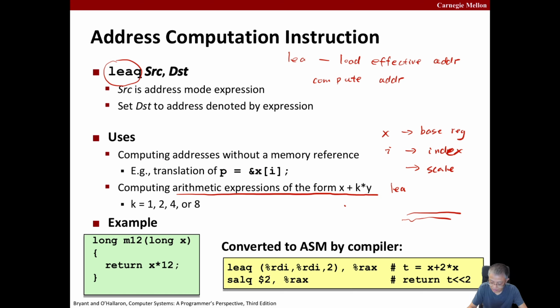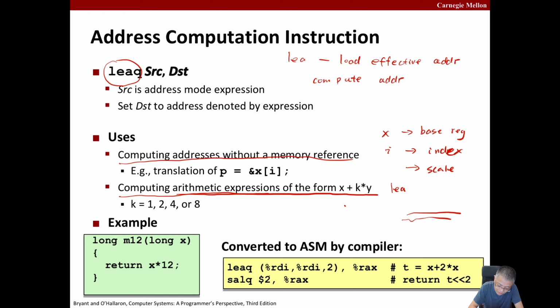Intel included this addressing mode intended to compute the address without a memory reference, but the compiler often can use this kind of instruction for different purposes. So here it's actually used to compute arithmetic operation expressions.